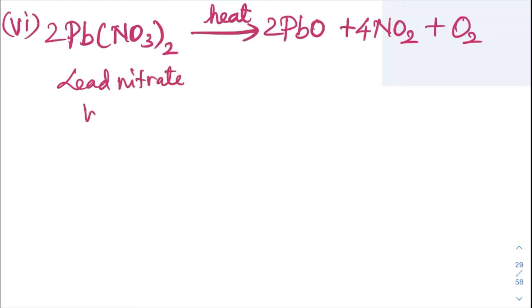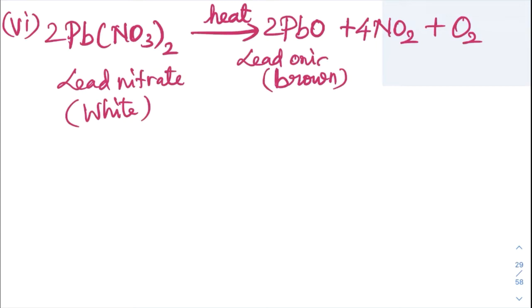Here we have seen this lead nitrate is a white solid which turns into brown by heating due to the formation of lead oxide. And of course, this nitrogen dioxide is also a brown color gas.